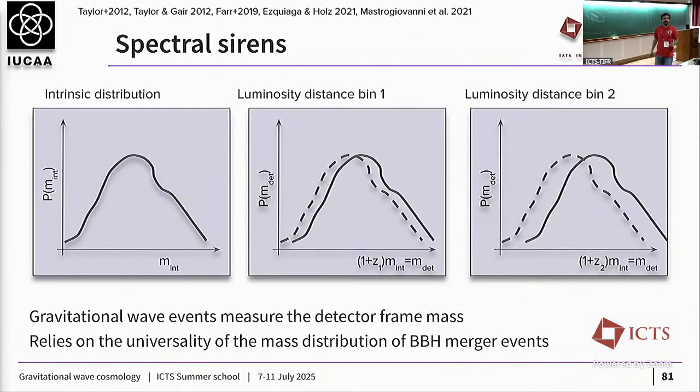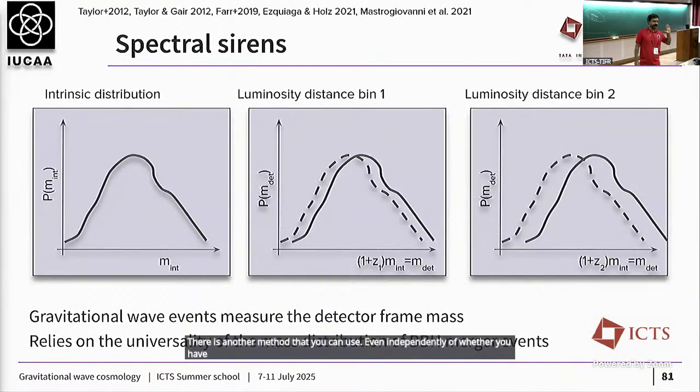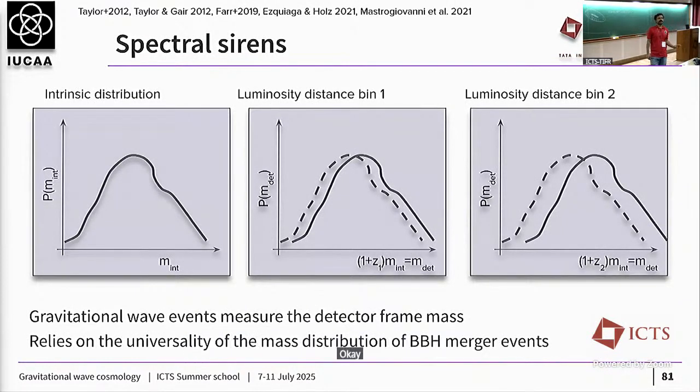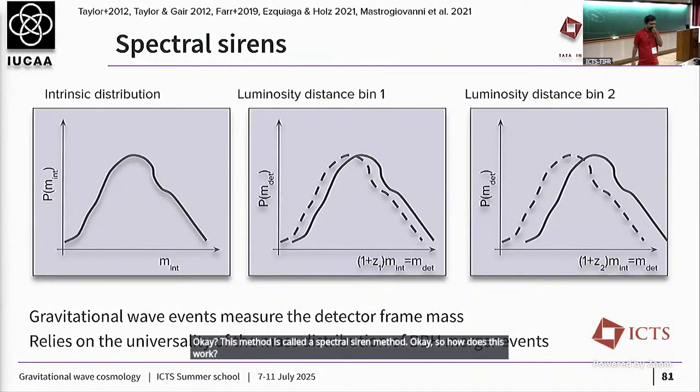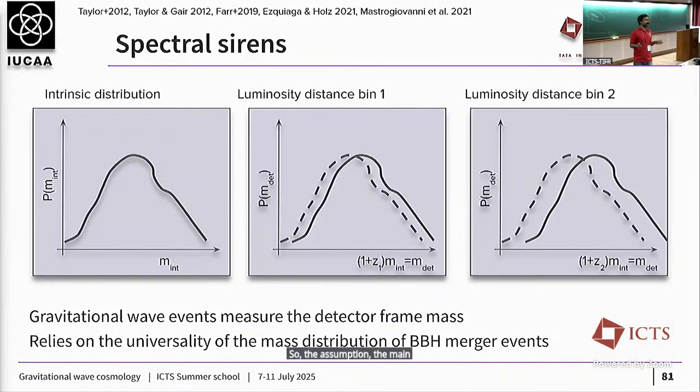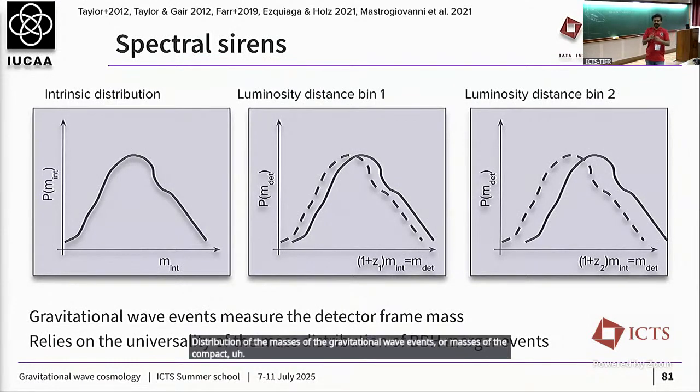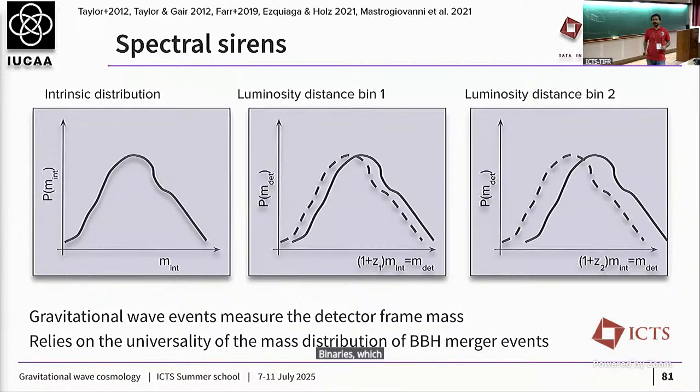There is another method that you can use, even independently of whether you have the redshifts of the gravitational wave events or not. Okay. This method is called the spectral siren method. Okay. So how does this work? So the main key assumption in this method is that the distribution of the masses of the gravitational wave events, or masses of the compact binaries which undergo the mergers, the distribution of these masses is invariant as a function of redshift.